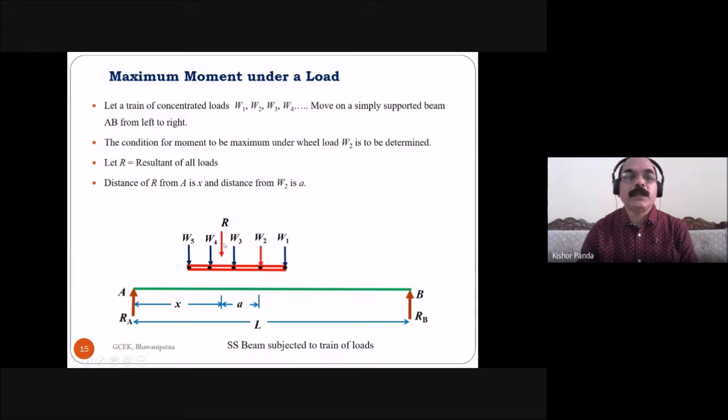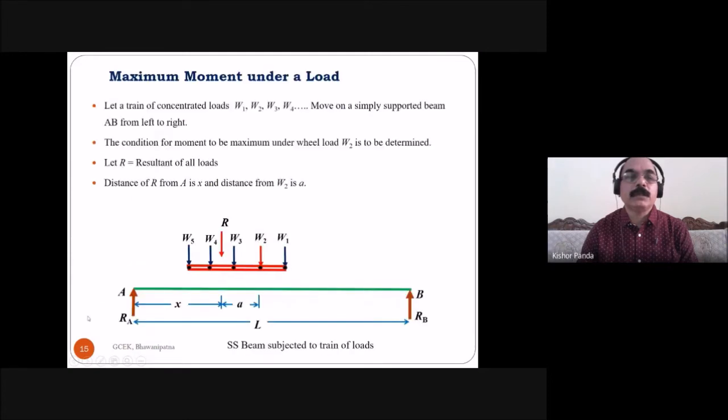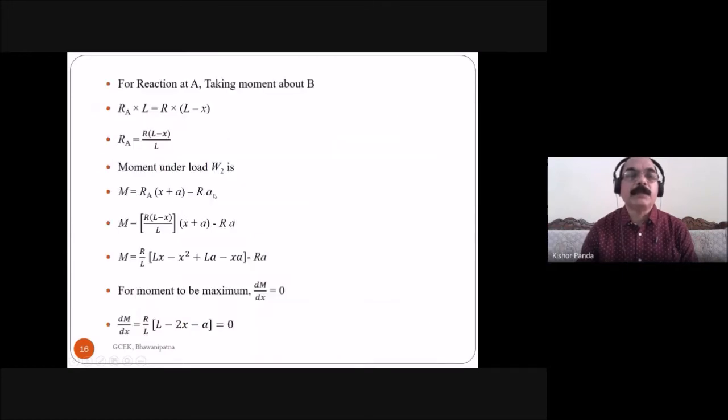Then due to the resultant load, the moment is R into A, subtracted, because this is rotating clockwise and that is anticlockwise. So the moment due to the resultant load is negative and the moment due to the reaction is positive. This is RA into X plus A minus R into A. Then you know RA is equal to R into L minus X by L. Here you put M is equal to R into L minus X by L into X plus A minus R into A. Then after simplification, you get this relation.